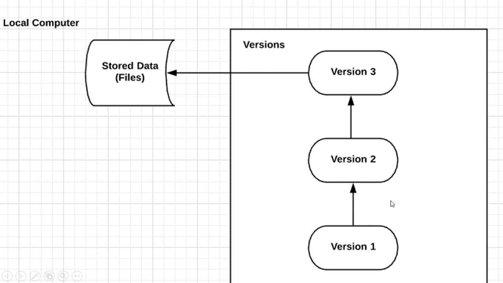So for example, we have a project which was version 1, so we make some changes and named it as version 2, and then after some time we have to make some more changes and we got version 3. So we save all these changes into our local system or into our local hard drive, and each time we rename these changes, so it creates a very big copy into our local system and it creates a lot of chaos.